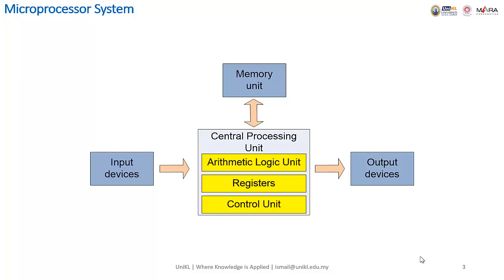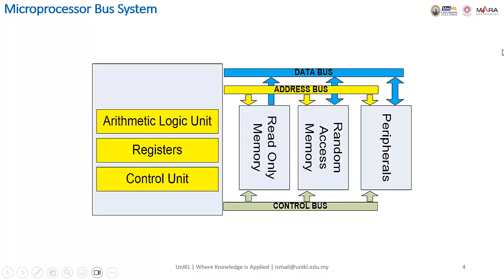Then it also needs an area for non-volatile data, which is normally our program. It requires non-volatile memory. Previously this was ROM, read-only memory, but now it is flash memory.